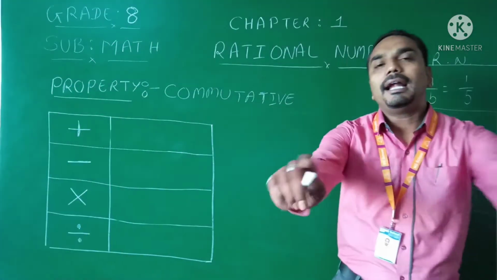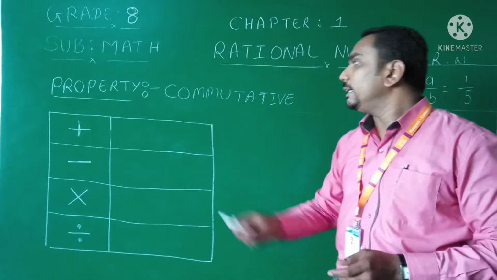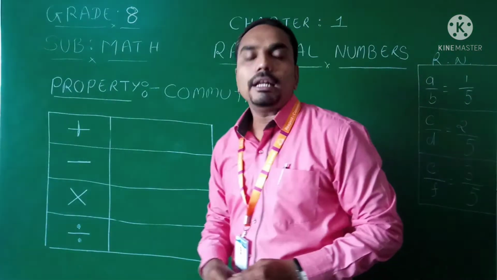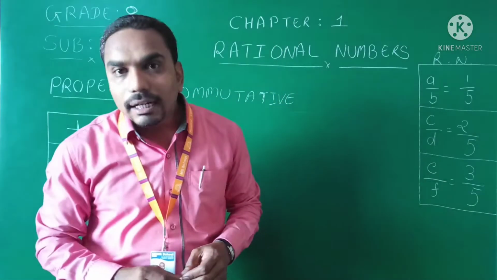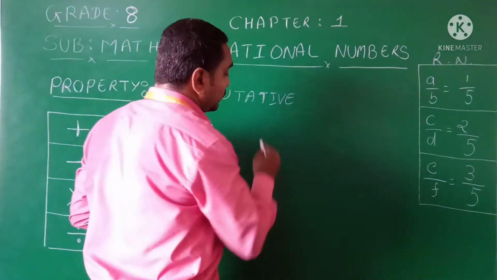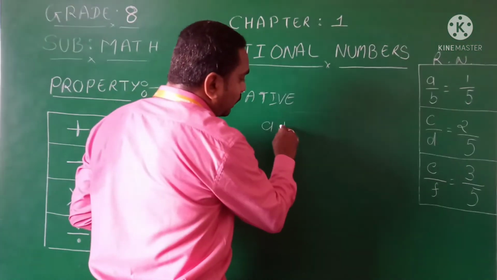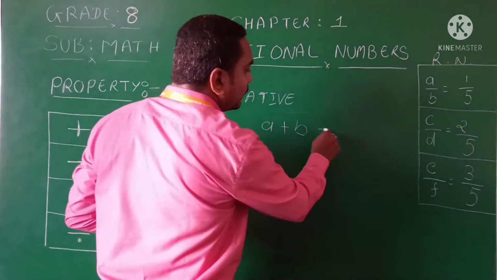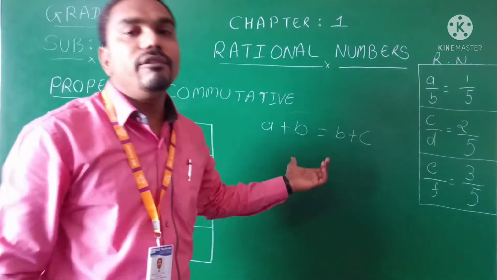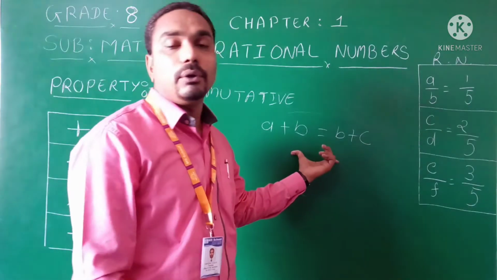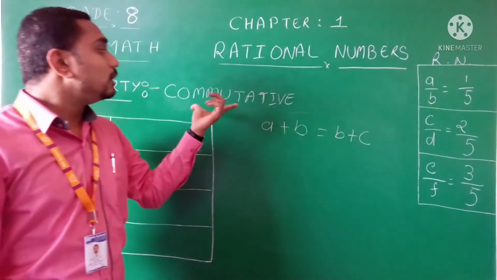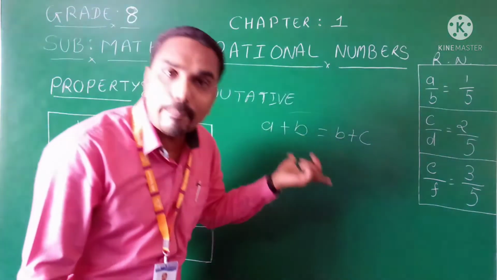Now students, let's go ahead for the second property, that is commutative property. So here in a commutative property we will understand that for a natural number, I am just explaining, a plus b is equal to b plus a. If we are getting this relation, then we will say that for the number the commutative property is applicable.